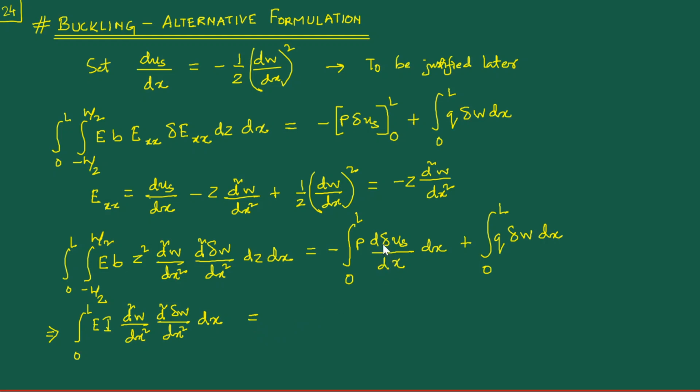On the right hand side, this d delta us dx can be substituted, or this can be written using this. Okay, so what I'll do is I'll basically take the first variation of this expression. So what I'll end up with is integration 0 to L. This minus goes away because on this right hand side I also have a minus, and the p remains of course, and then I have a dw dx and then a d delta w dx.